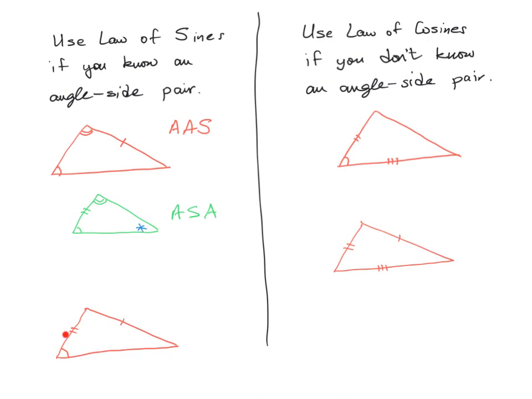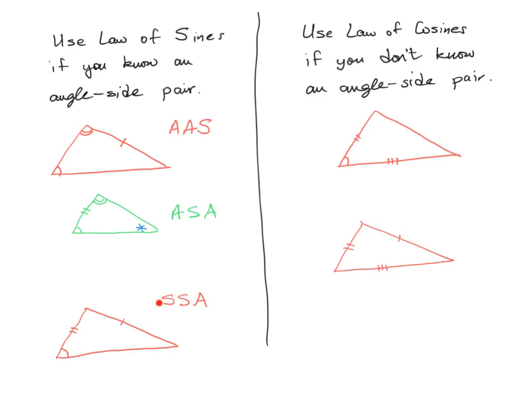Now here's a third scenario for the law of sines, and this is where this angle and this side are known, and we're looking for, let's say, this angle. But this is an SSA scenario. And if you remember from geometry, there is no congruence theorem that says SSA. The way I usually say it when I teach is if you spell it backwards, it spells something we're not supposed to be saying in polite company.